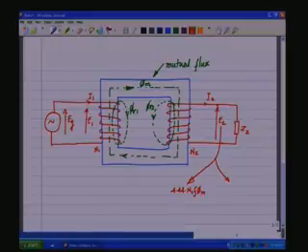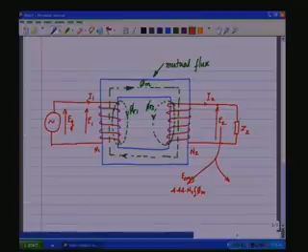That is one component which is due to this flux. And we call this one, let us say, E2, just E2 due to the mutual flux.